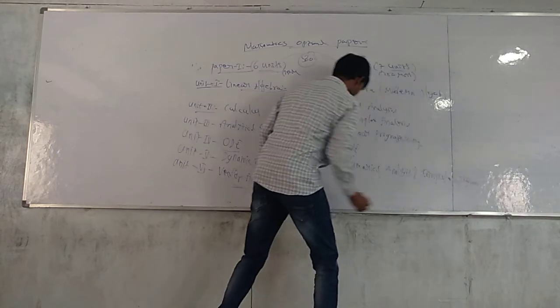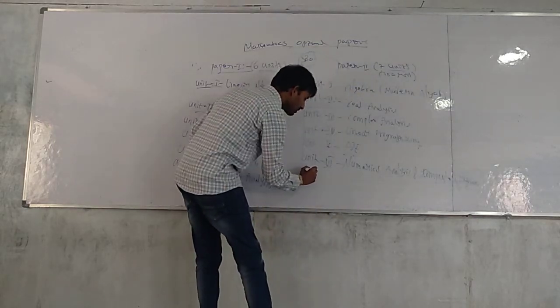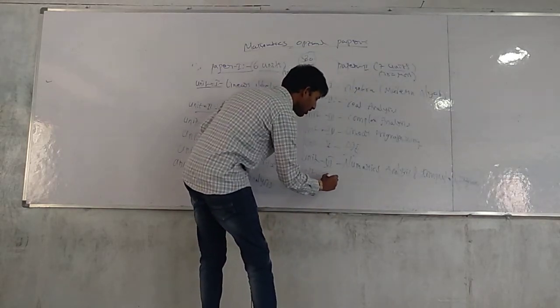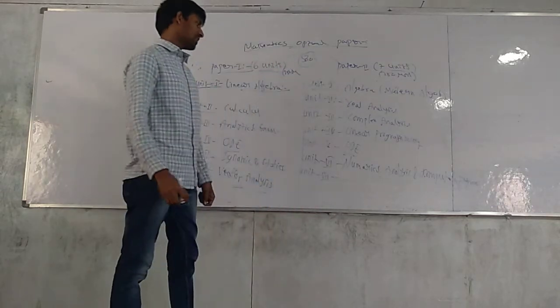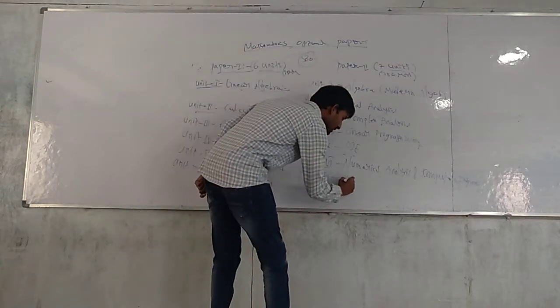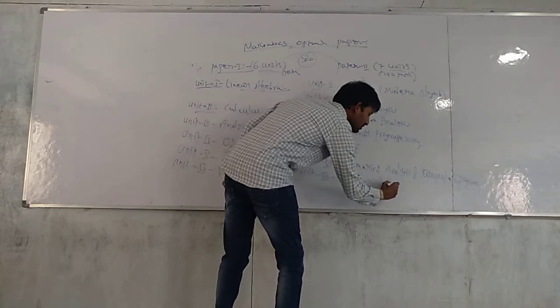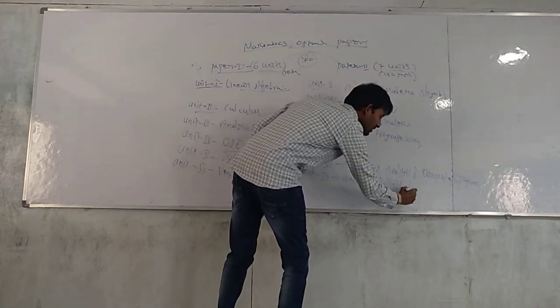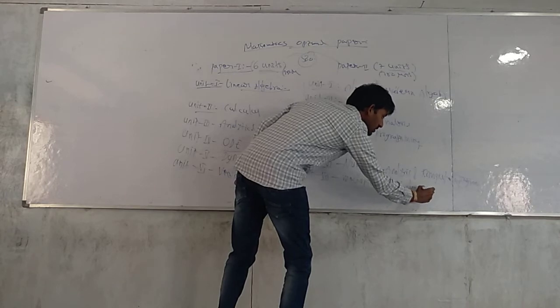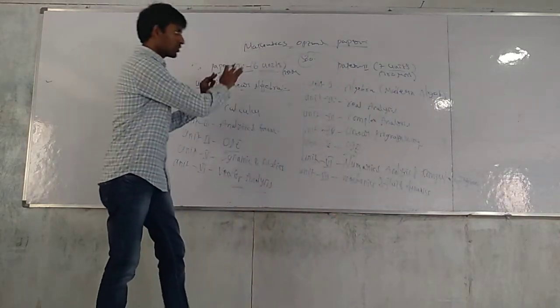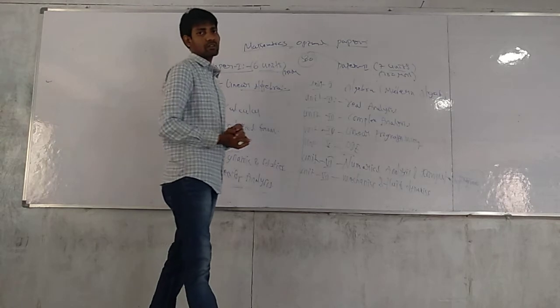The last unit is mechanics and fluid dynamics. These are the 7 units altogether.